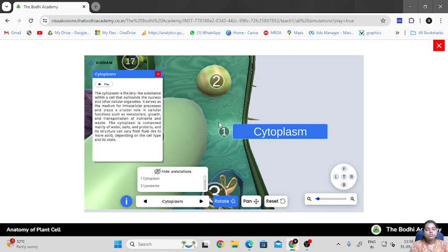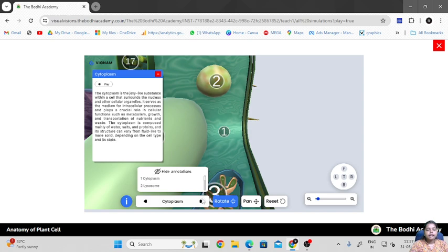The cytoplasm is a jelly-like substance present inside the plant cell, which contains many organelles and plays a crucial role in cellular functions such as metabolism, growth and development, and transportation of nutrients and waste. It is composed mainly of water, salts and proteins, and its structure can vary from fluid-like to more solid depending upon the cell type and the state in which it is present.